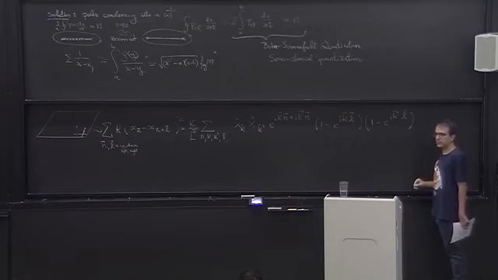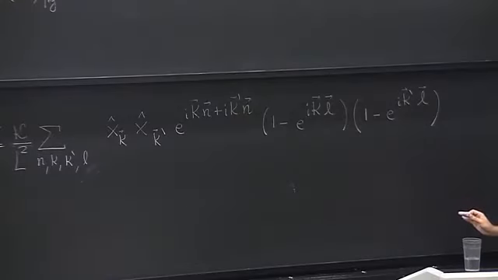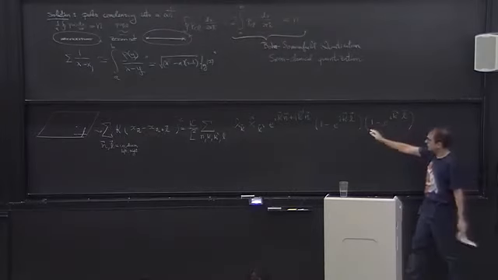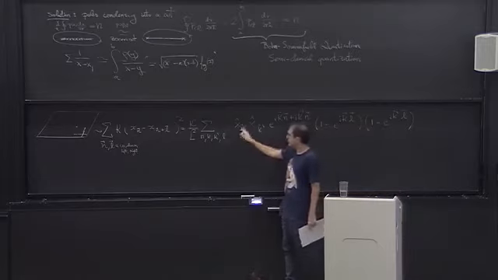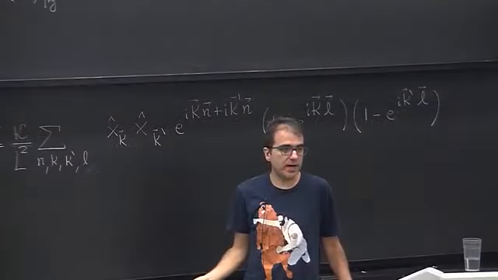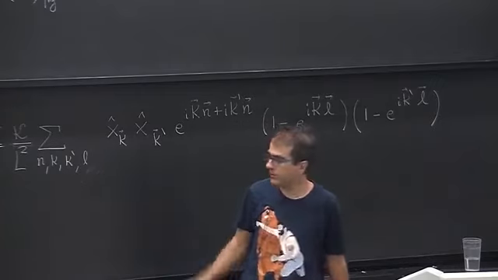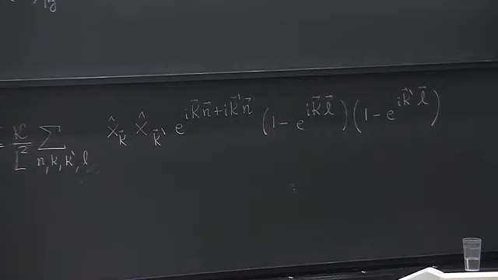Is this clear? So I just wrote x minus x times x minus x, and each x minus x I wrote using the definition. Because it was quadratic, I have k and k prime. It's exactly the same as what I used here.